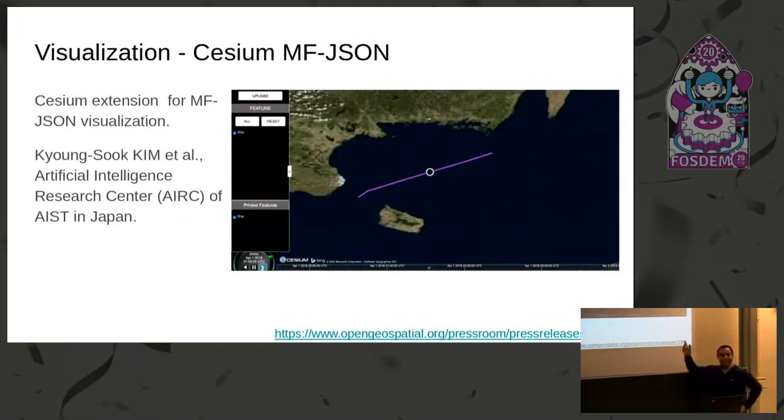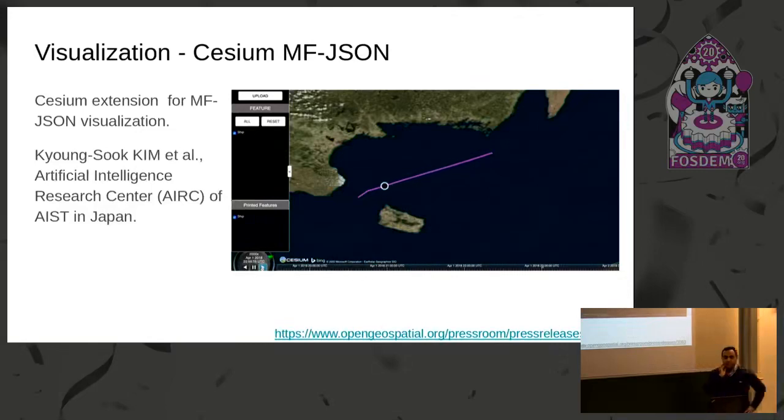Only yesterday I had a very nice meeting with our colleague Yang Suk from the Artificial Intelligence Research Center in Japan, actually visualizing MFJSON. MFJSON is a soon-to-appear OGC standard. I know from the talk of Jody that not many are fans of OGC, but it is changing.